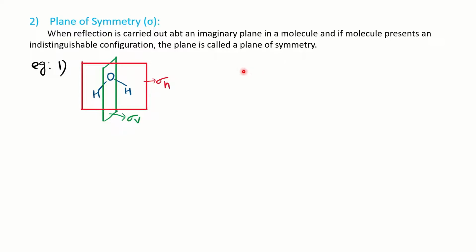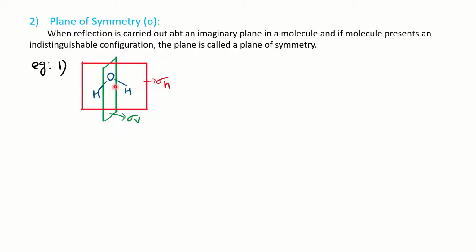So again we'll take the same example, water, to have a look at the plane of symmetry. There are actually 3 kinds of plane of symmetry. One is called the horizontal plane of symmetry, or we also call it the molecular plane of symmetry, then there is sigma v, the vertical plane of symmetry, and sigma d, the dihedral plane of symmetry. In this we have the green plane representing sigma v, the vertical plane of symmetry.